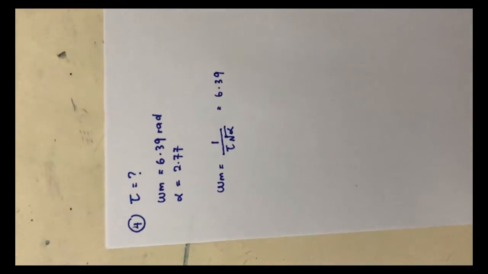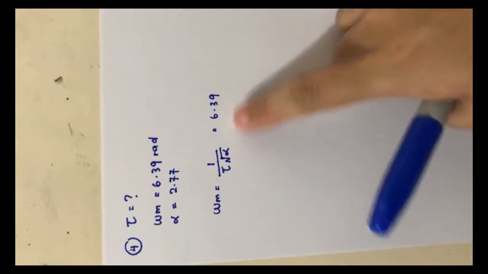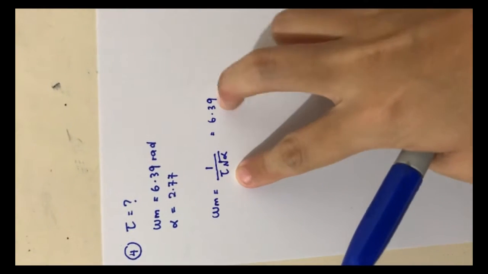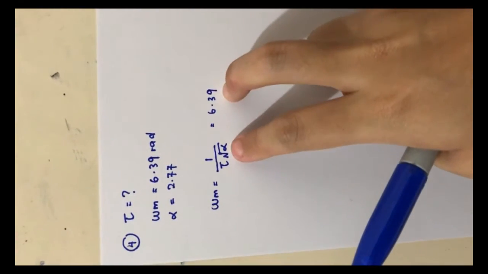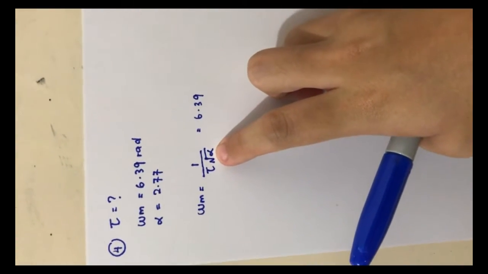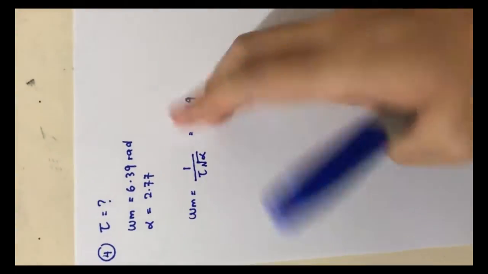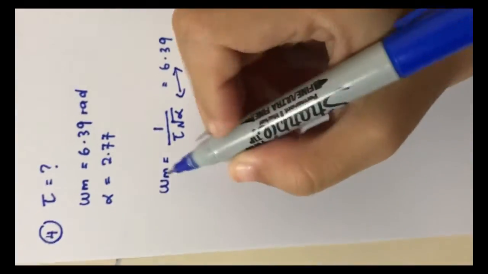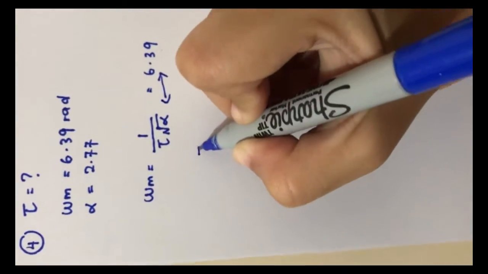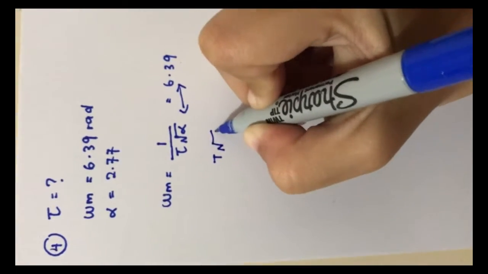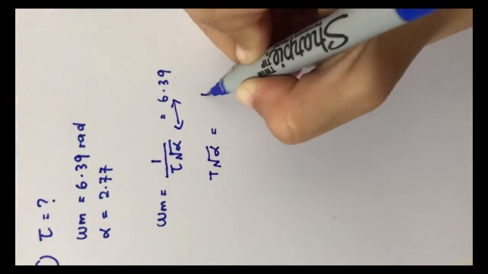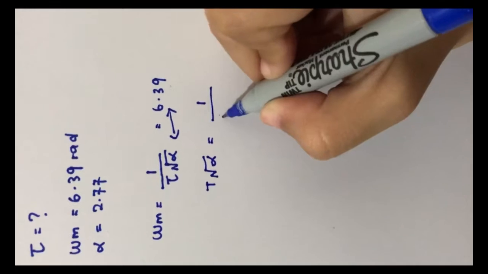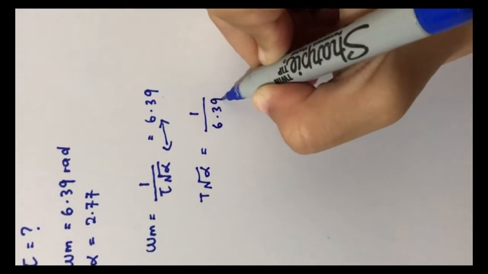By doing this, we can find tau by switching these two values. So now we will get tau square root of alpha equals 1 over 6.39.